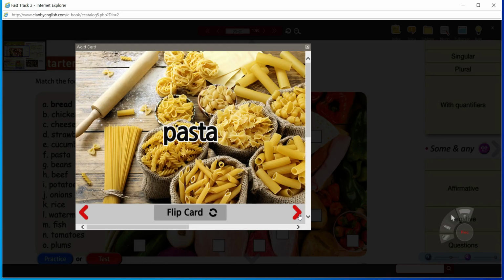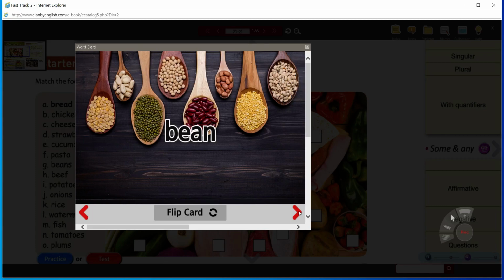Pasta. You can see farfalle, you can see some spaghetti here, and many other types of pasta. Bean. And you see many different types of beans. I can see some lentils, some lima beans, and what looked like dangkong, one of the pictures.